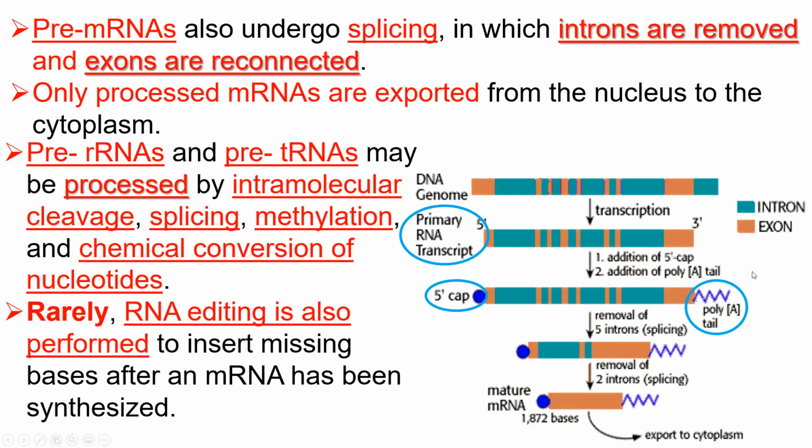This happens only in eukaryotes like human. In bacteria, none of this is happening. The RNA comes from the DNA and the process of translation happens immediately. So this slide is so important.